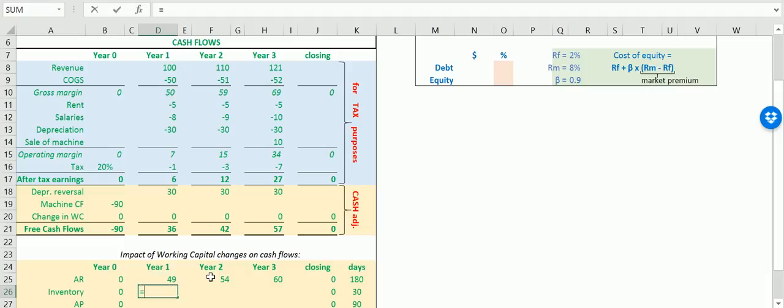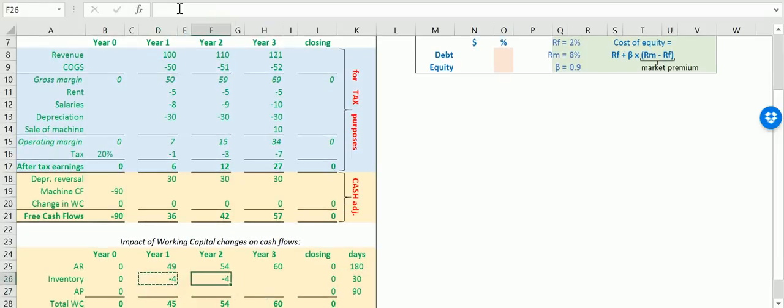In inventory, it is the same principle, but of course for cost of goods sold. So we multiply that by the days, and we divide it by 365. Let me fix the column again so I can copy it. We will worry later about the sign, okay?